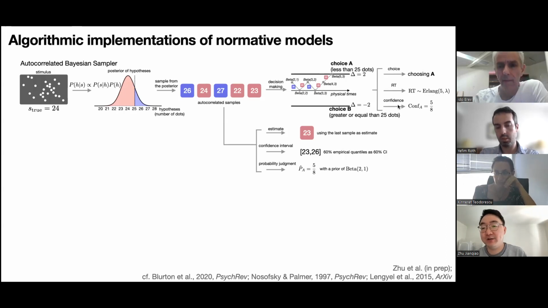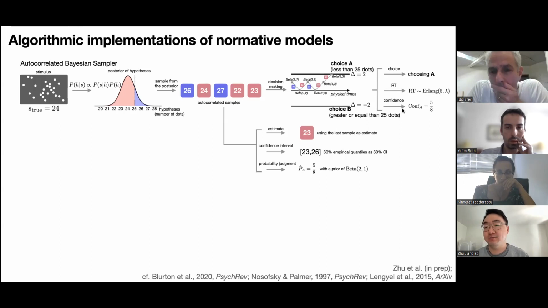And for the confidence readout, interestingly, we didn't assume any loss. So in the end, we got a beta 5,3 as our posterior, and we just assume the confidence judgment to be the mean of this posterior.